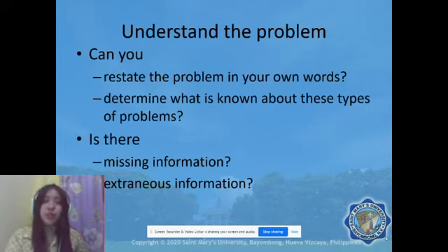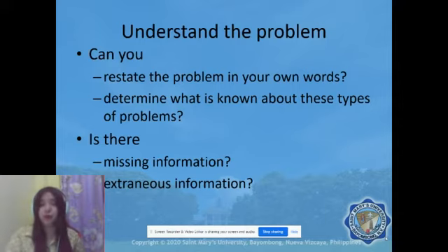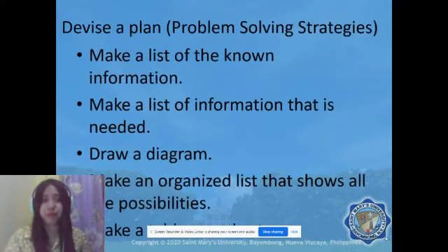You will be able to determine if there is missing information for you to compute the data, or if there are extraneous pieces of information, or extra numbers, given in the problem that are not needed for you to compute it. And of course, what is the goal?